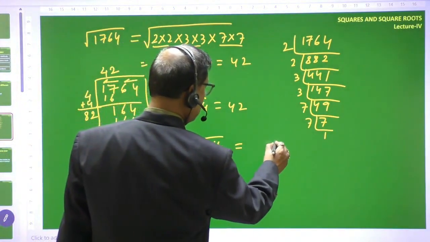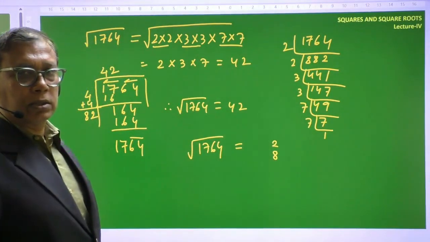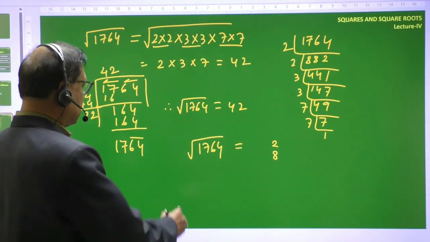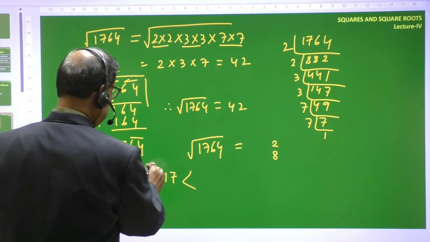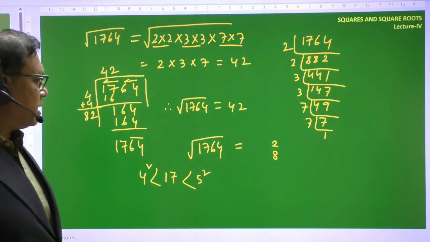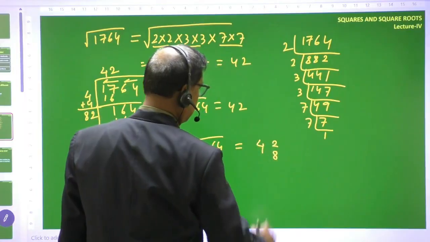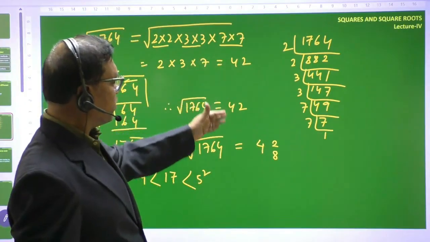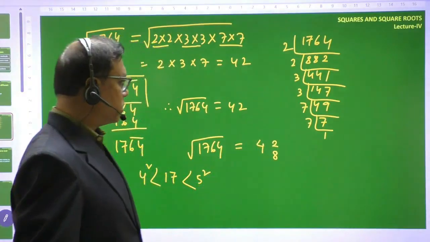But which one it will be, that we will decide later. Now 17, we have to know in between which two square values. So obviously 4 square is 16 and 5 square is 25. So in between 4 square and 5 square, so we are 100% sure the tens digit will be 4. Now 2 or 8. Already we know the answer is 42, but I am explaining why we take 2. Why not 8?